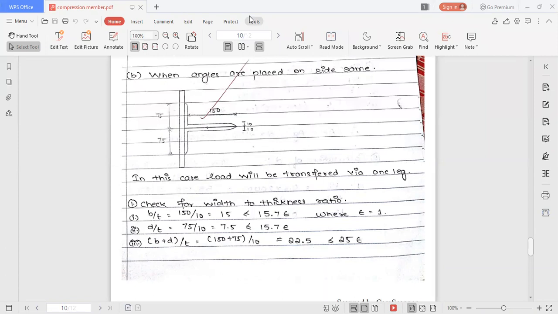Same as before, you need to repeat the first step, that is check for the width to thickness ratio. यहाँ पे B और D की वैल्यू चेंज हो जाएगी. यहाँ पे B is your 150 and D is your 75. So slight changes will be there, but your design is safe for the width to thickness ratio. So do this step and after completing let me know. And if any queries you can ask.